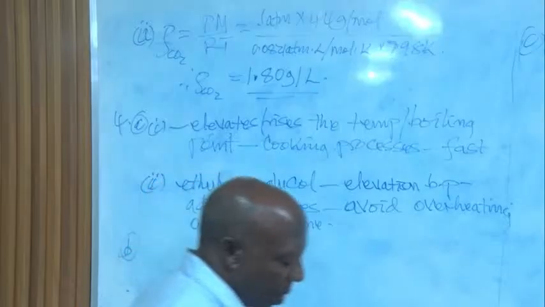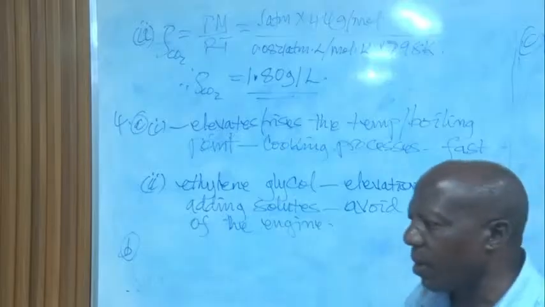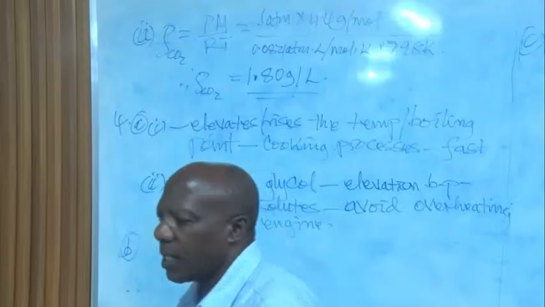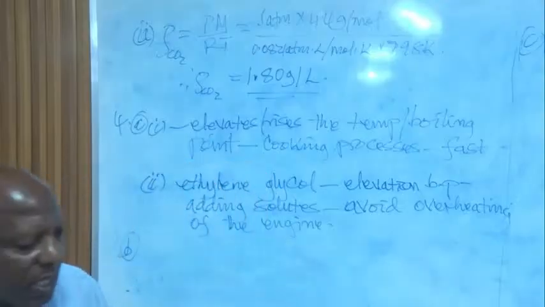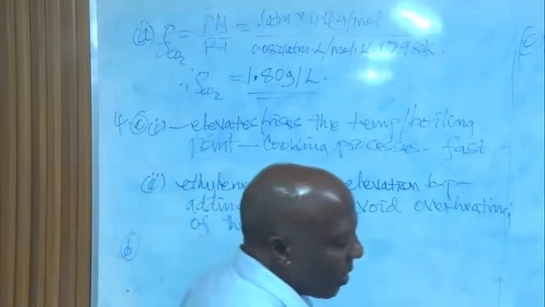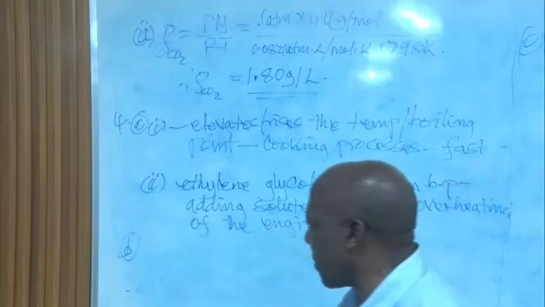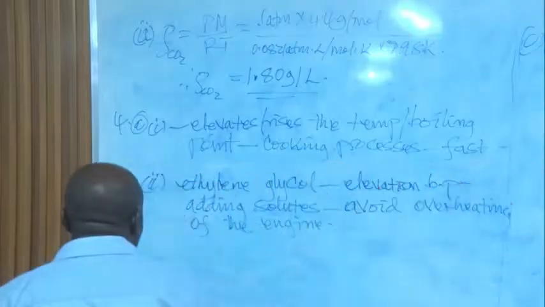This method is still common in some areas, especially in rural areas, where salting of foods like meat is still applied for the preservation of these foodstuffs. So this is the application of osmotic pressure and osmosis.